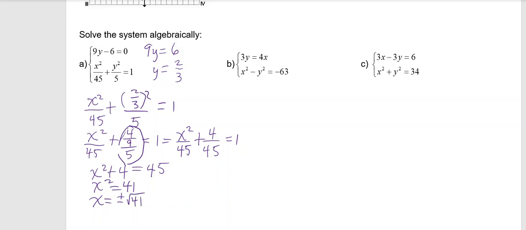And hold up, because I'm not done. Remember what we have to do to finish. We have to plug in our x value to either one of our equations to solve for the y values, because we're looking for coordinates, right? Which equation am I going to use?